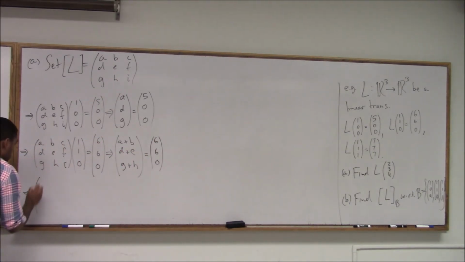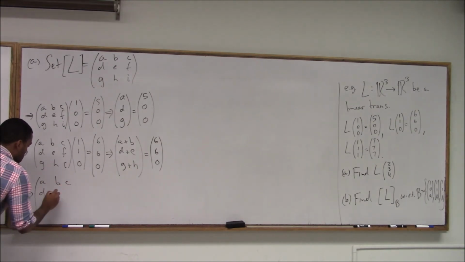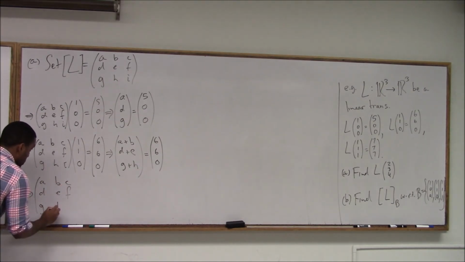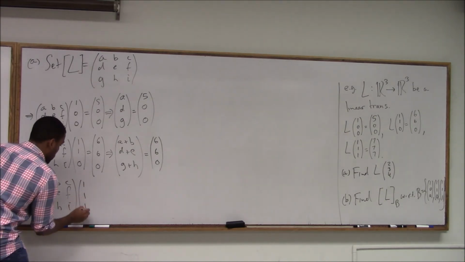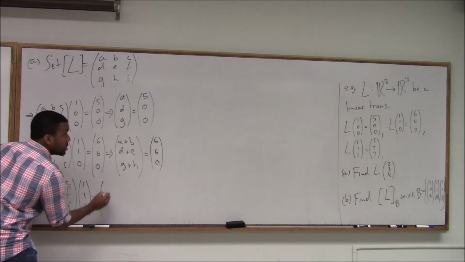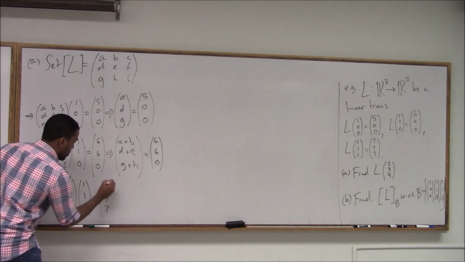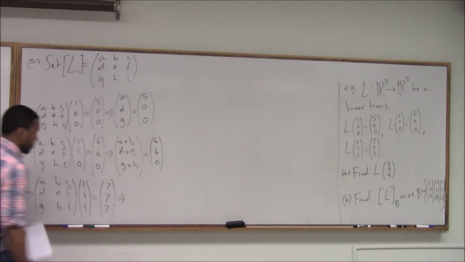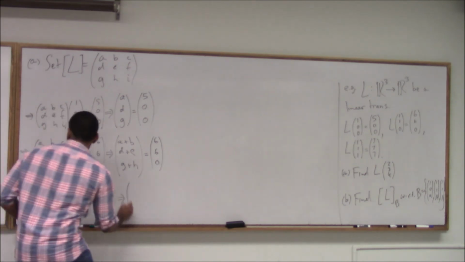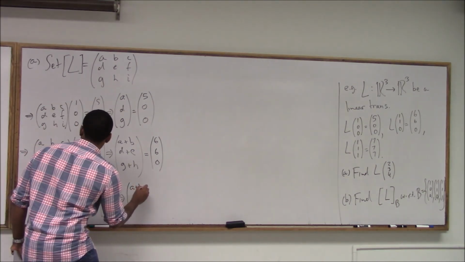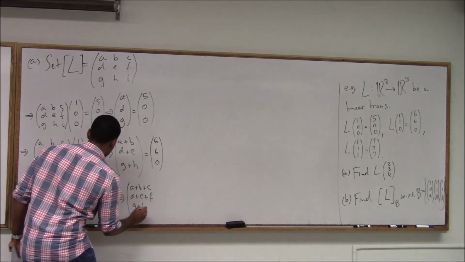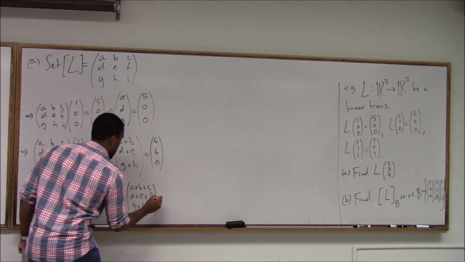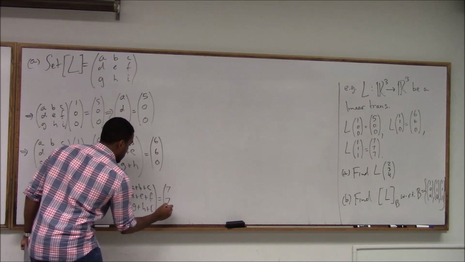And it's also true that if I take A, B, C, D, E, F, G, H, I multiplied by 1, 1, 1, the result is 7, 7, 7, which means I would have A plus B plus C, D plus E plus F, G plus H plus I equal to 7, 7, 7.